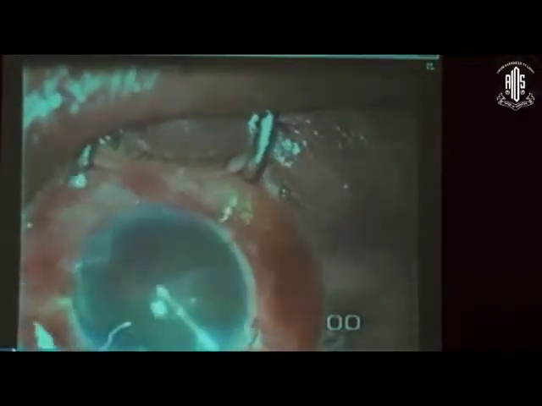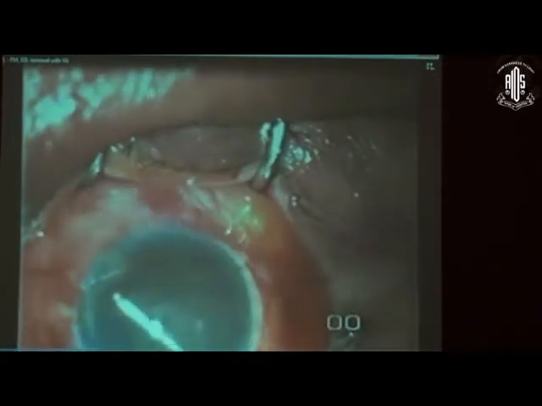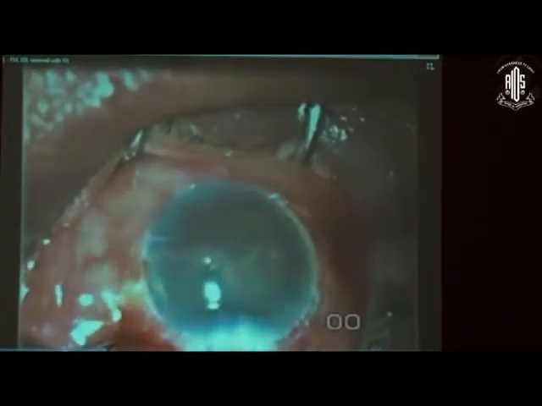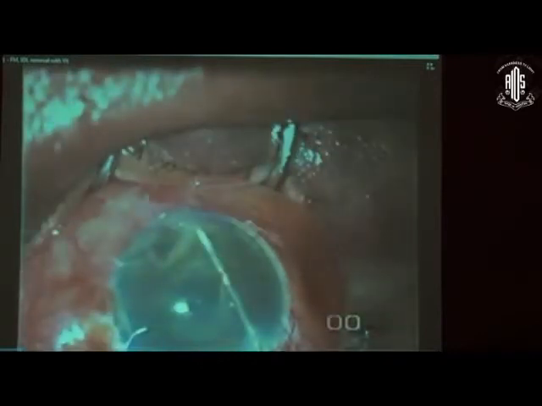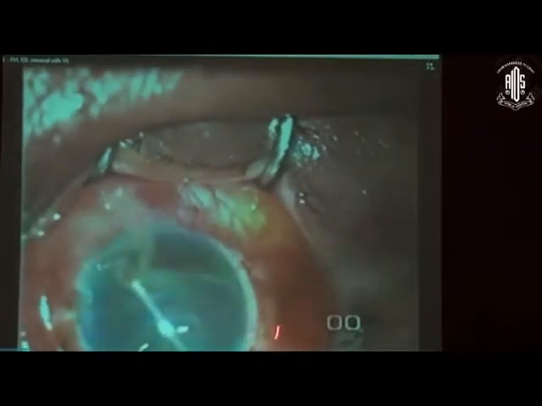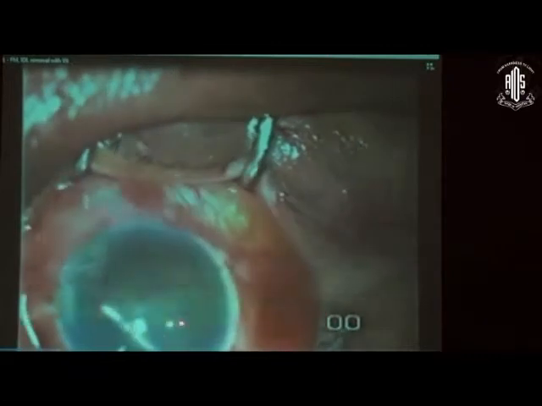So the first video shows how to clear the media in a patient. Here we have a fibrin membrane present in the anterior chamber, occluding the view of the posterior segment.